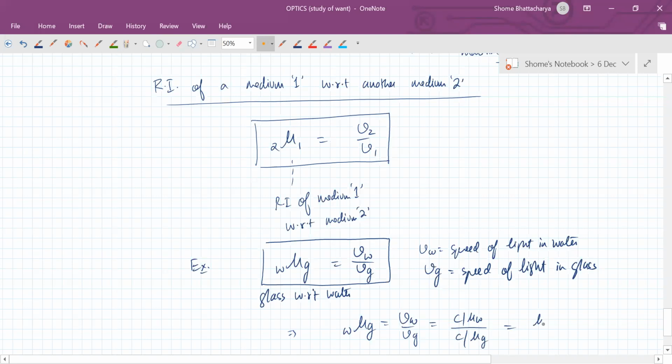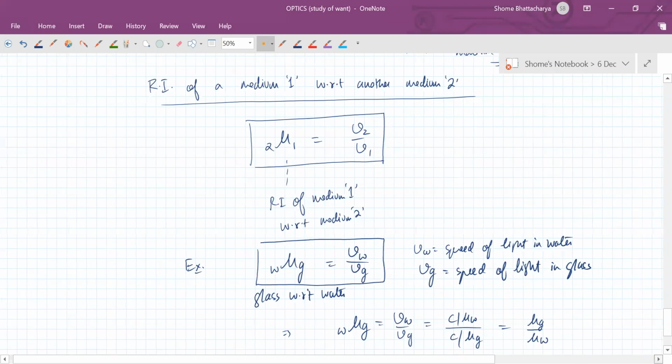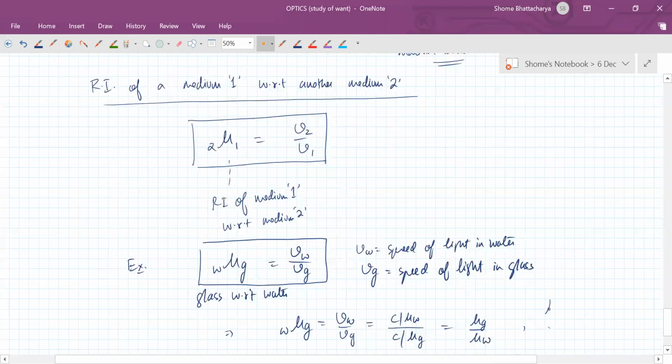So it will become refractive index of glass divided by refractive index of water, where this is the absolute refractive index of glass, and similarly this is the absolute refractive index of water.